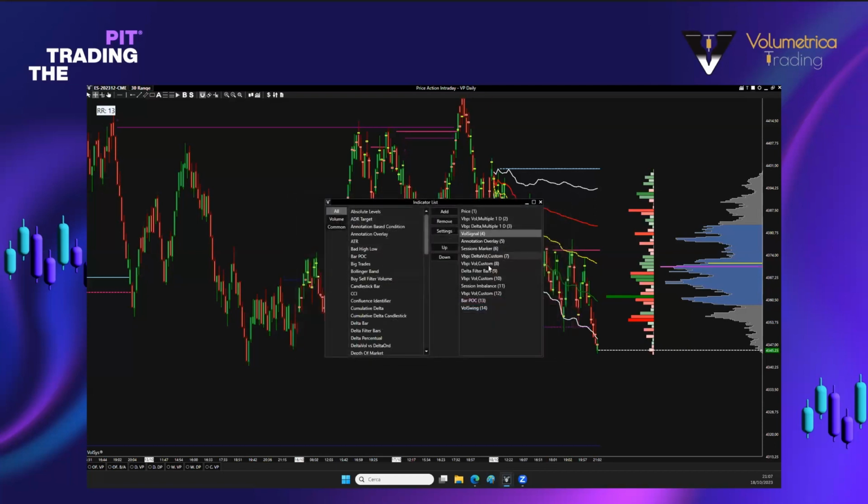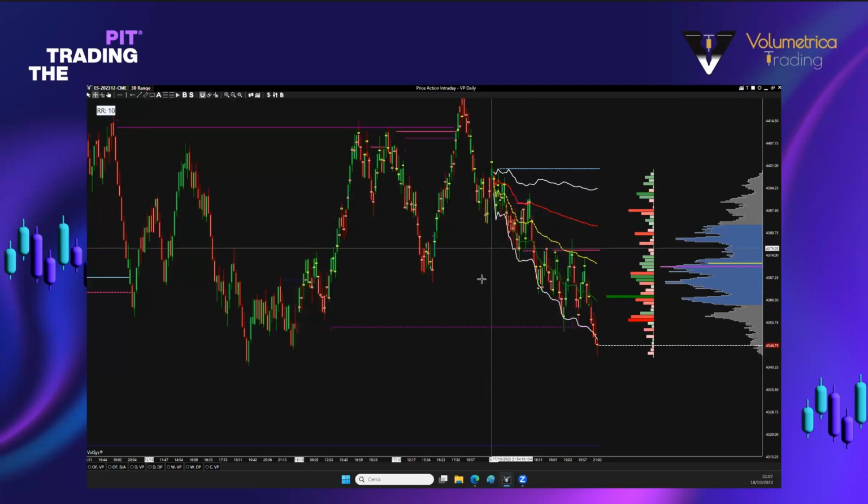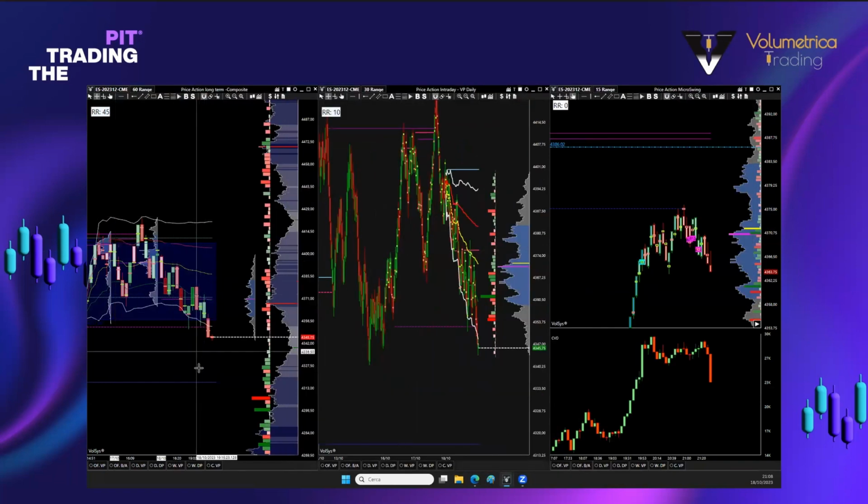And you can do that in also multiple charts. In fact, why do they come with different color shading? Well, because I have set them in two different charts, 30 range and 60 range. The darker one, so dark pink and dark blue, come from the 60 range. The light blue and light pink come from the 30 range.